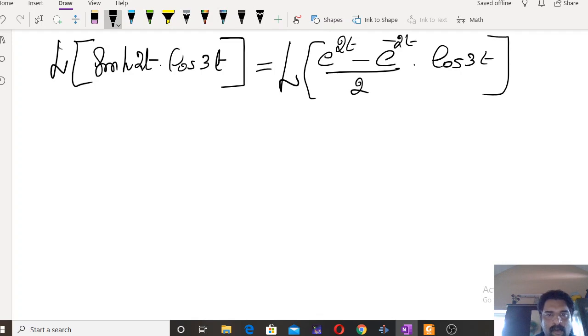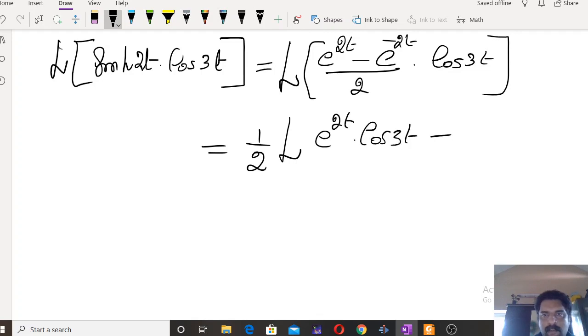We know that the Laplace transform is linear, so this 1 by 2 can be taken outside, and we can take the product of this thing. So it is e raised to 2t into cos 3t minus e raised to minus 2t into cos 3t.